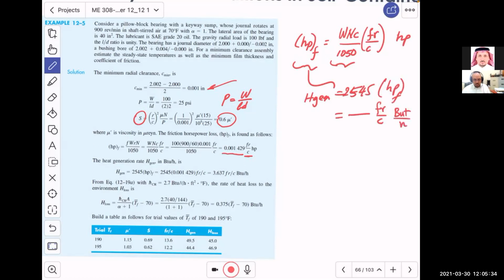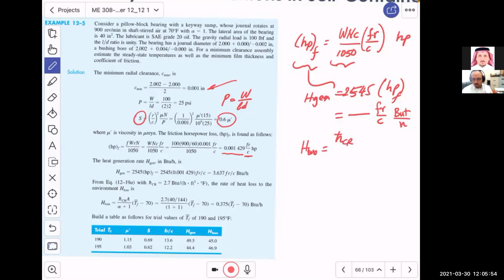Now, if this is the generated heat, then we can also find the heat loss. And the heat loss was calculated using this function, which is HCR.